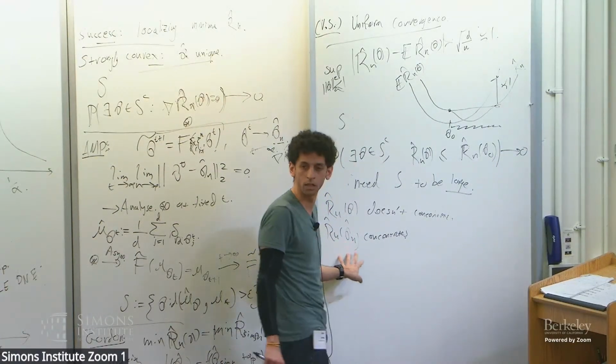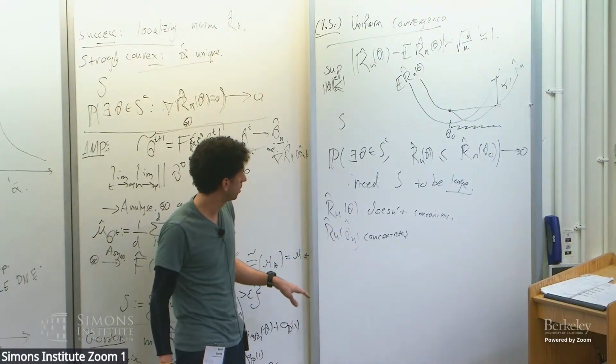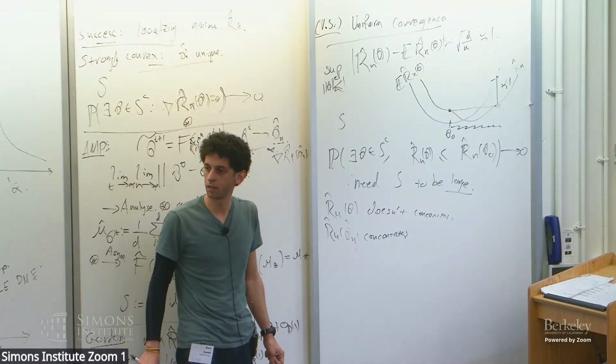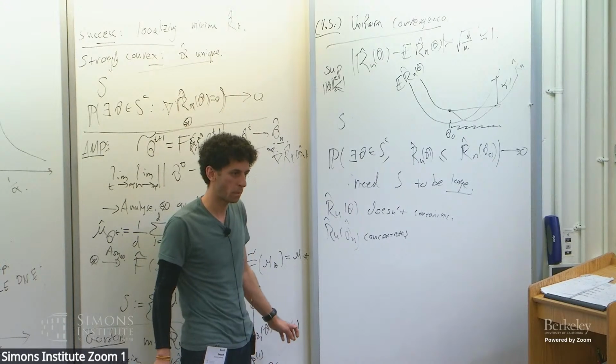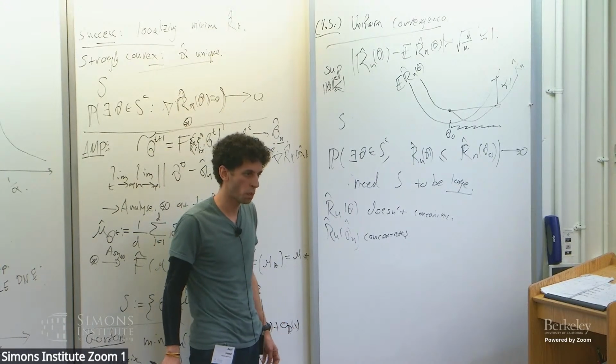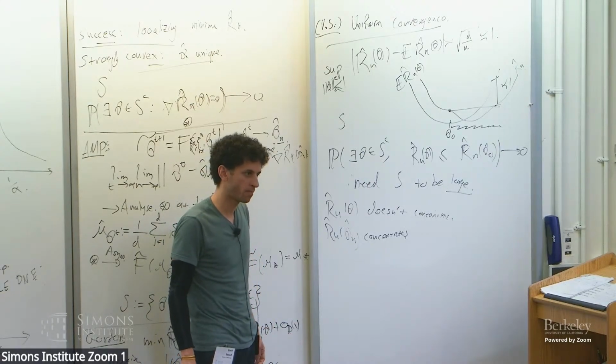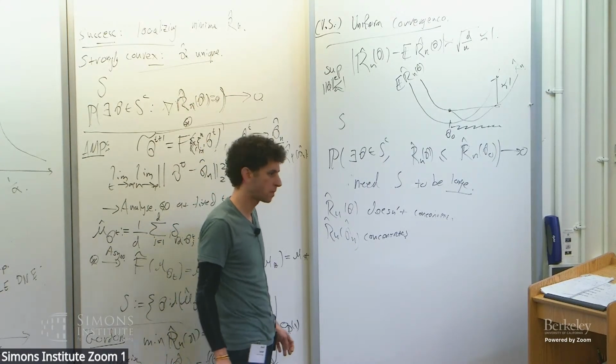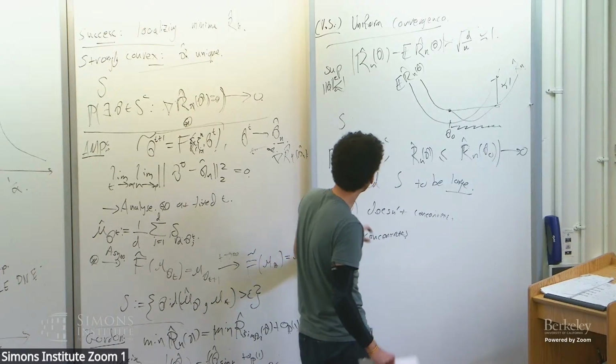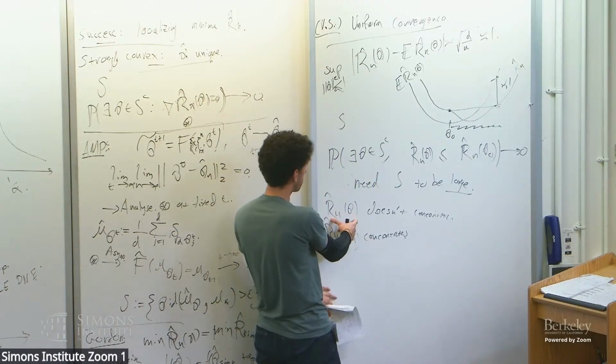I guess what it really means is that the sup over theta can be large. There is a theta such that it is very different from the expectation. It's a sup, not just at theta 0. No, not at theta 0. I'm thinking of it as a function, I guess.